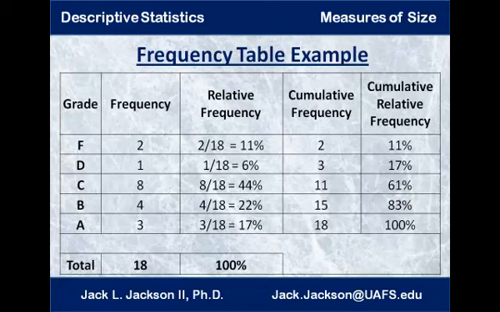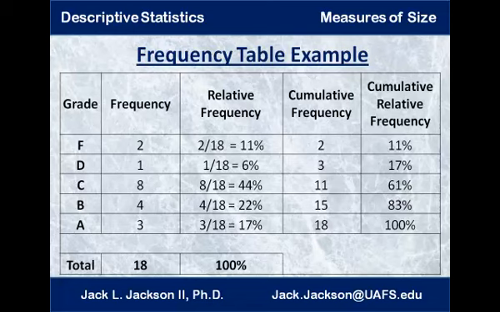And in each case we divide the frequency, which is how many occur in that category, by the total. So notice what this says, that 8 is the frequency of C's. That means that 8 students earned a C. 8 divided by 18 then, which we could reduce, for example, to 4/9, is the relative frequency, or approximately in percentage form, that's approximately 44%, rounded off to the nearest percent.